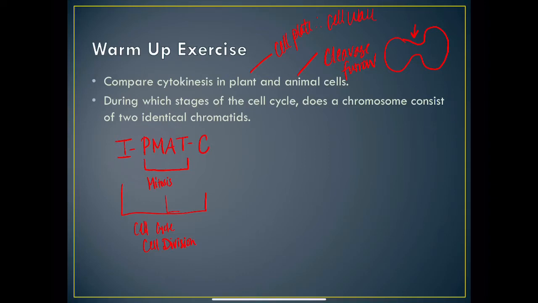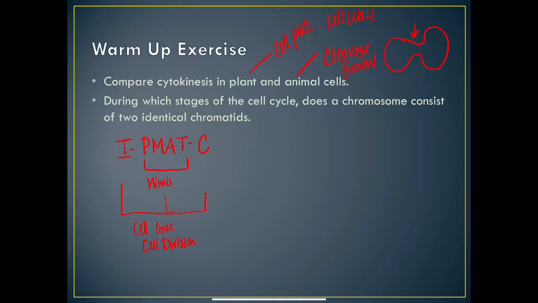All right. Now let's look at the second question. Which stage of the cell cycle does a chromosome consist of 2 identical chromatids, sometimes referred to as sister chromatids? So sister chromatids are first formed after the DNA or after the chromosome has been replicated.